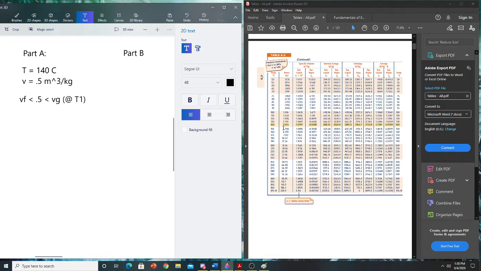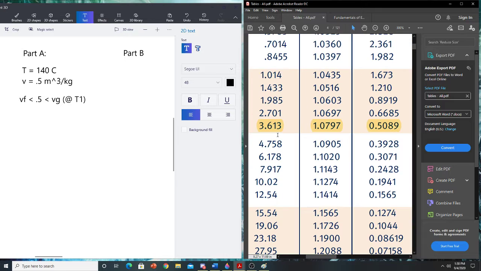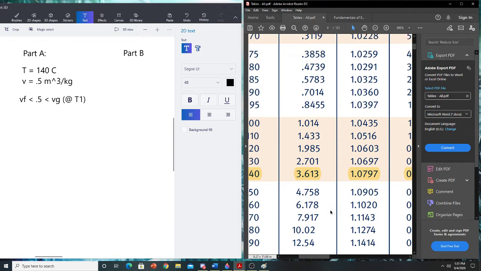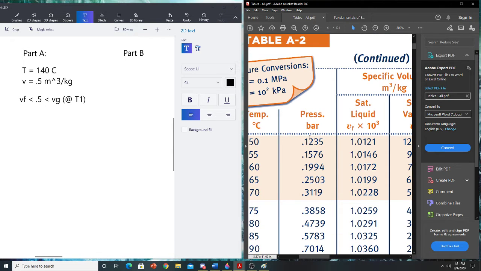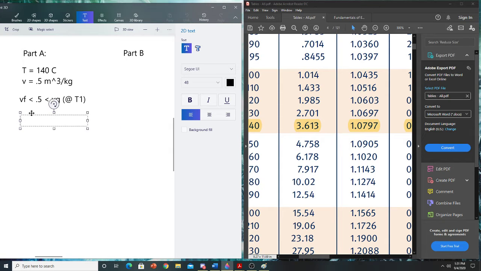So these things don't change when you're inside of it. Right here at 140 degrees Celsius, the saturation pressure is 3.613, which is this value right here in that column of pressure in bar. So 3.613 is our answer for the first one. Does everybody see how I got that?